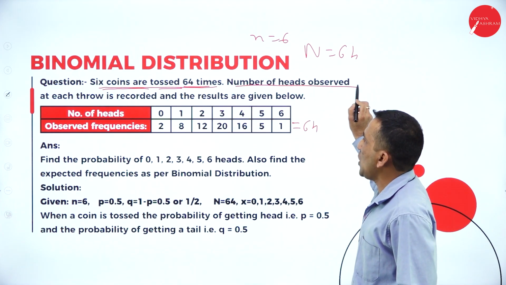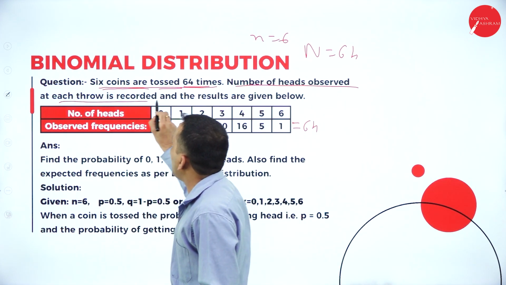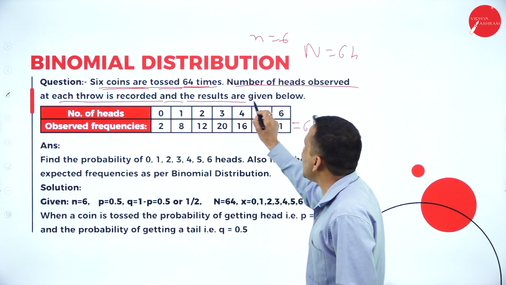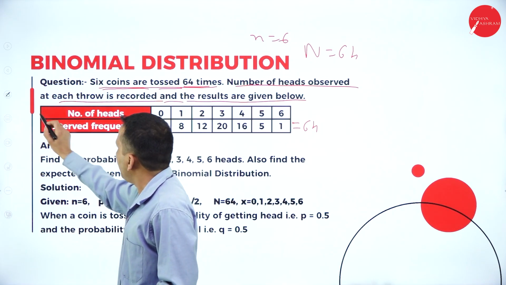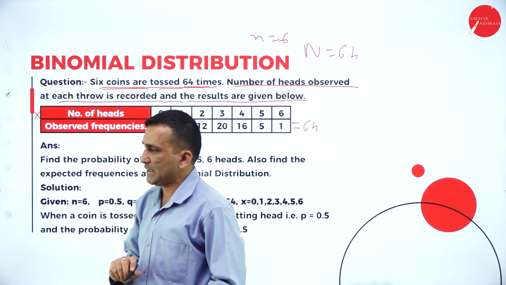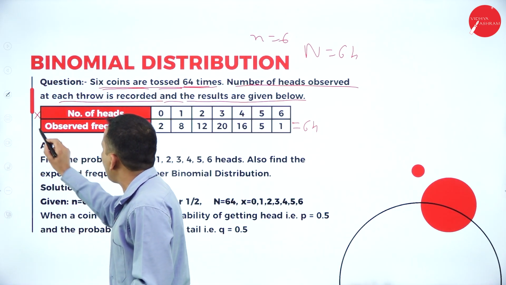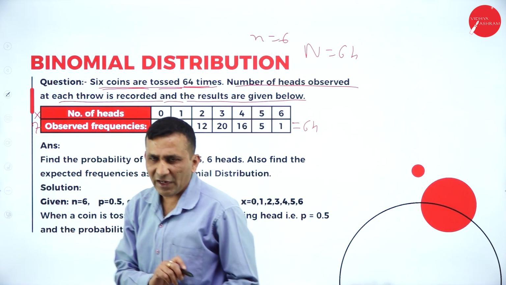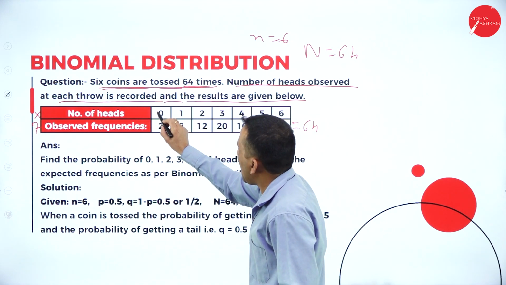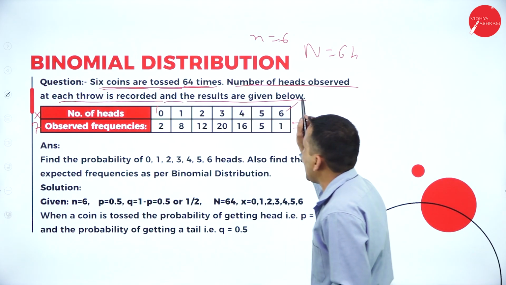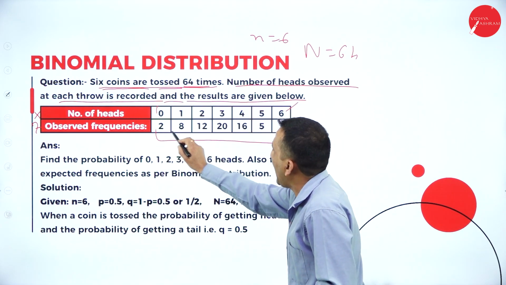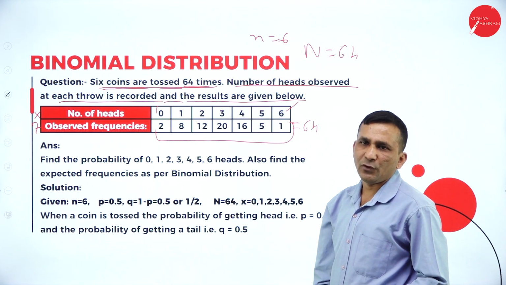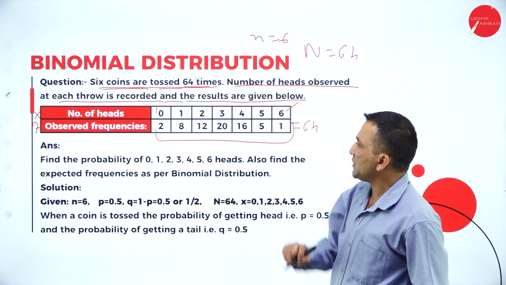The number of heads observed at each throw is recorded and the results are given below. Whatever number of heads is given, we consider it as x, and the observation frequency we consider as f, starting from 0 up to 6. If you add the observed frequencies given in the question together, you get 64.